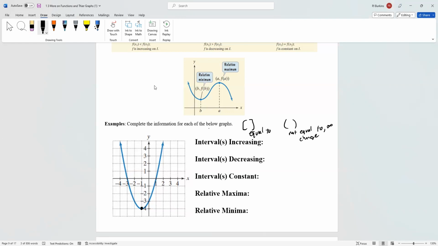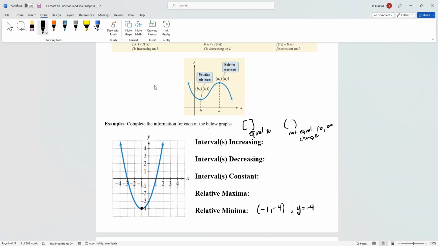So you might remember when you did parabolas for the first time, you would find max and min of the function, and that was to find the vertex. And so in this case, it's a minimum, and that minimum is at the point x equals -1, and the y value is -4.